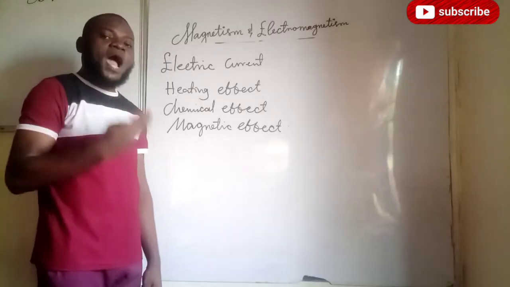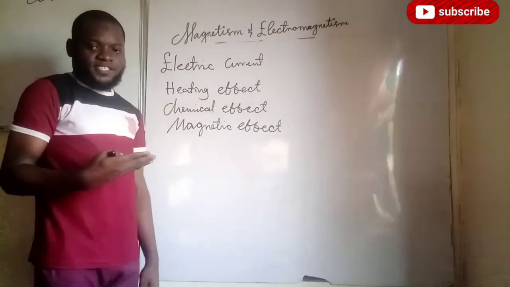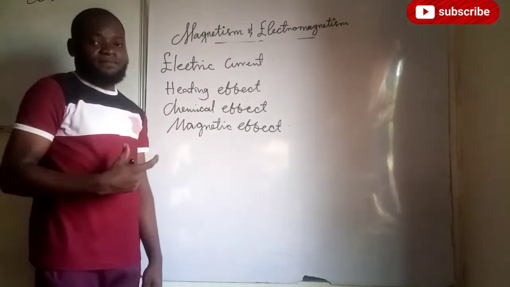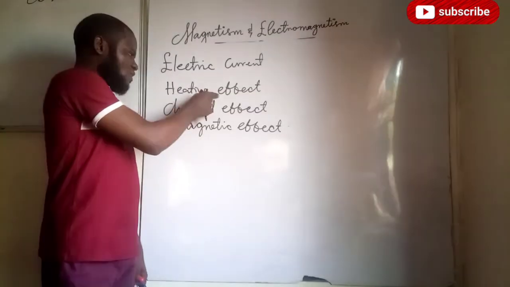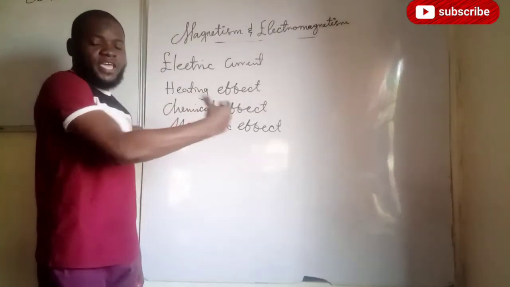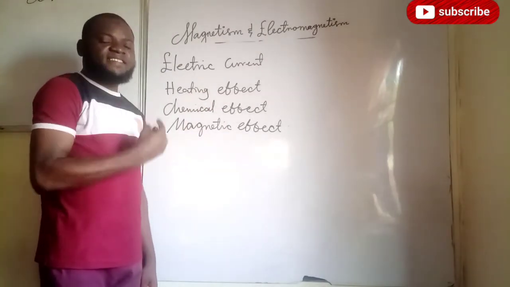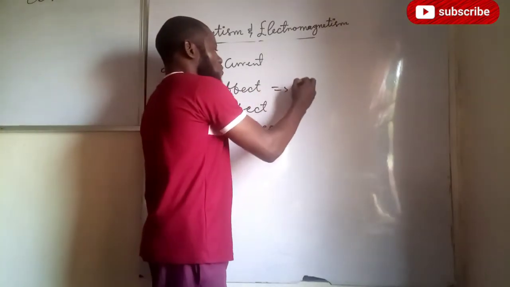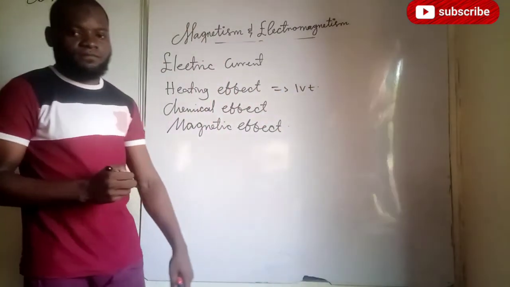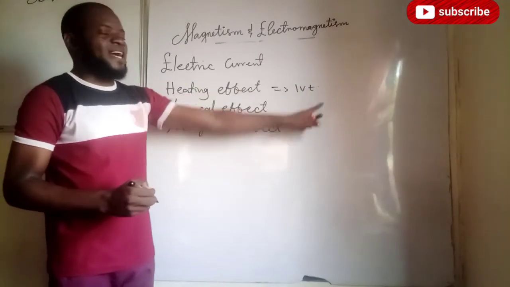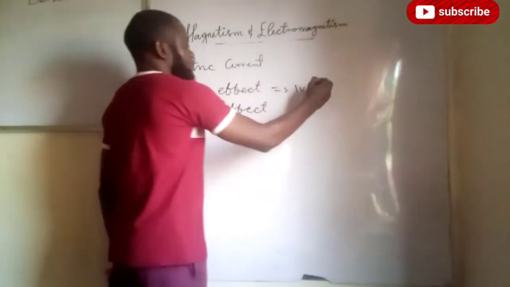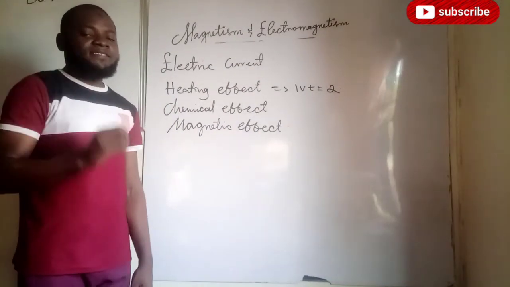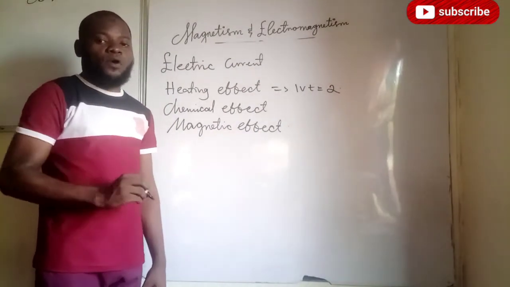Whenever you have electric current, it can cause any of these three. When current is passed through a conductor, it is converted to heat according to Joule's law, where we have I V T, current, voltage, and time. This is equivalent to the quantity of heat. This is the same thing that happens in our bulb.